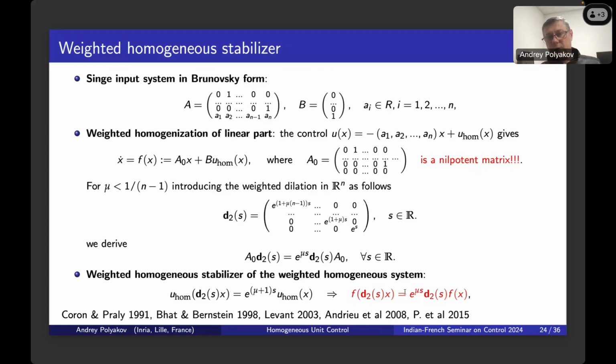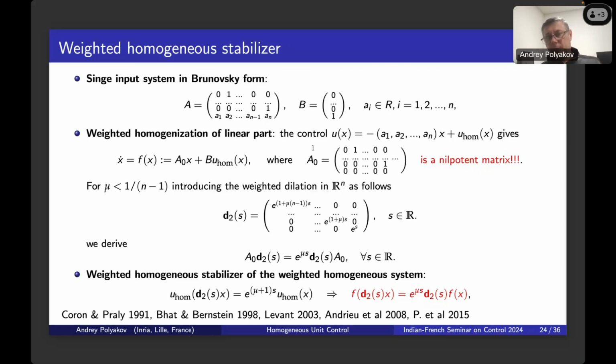But the dilation is non-uniform and has a special form related to the matrix of the system. The key feature of this design is that after the selection of this term, the matrix A0 is called a nilpotent matrix. So it may be a non-zero matrix, but all its eigenvalues are zero.